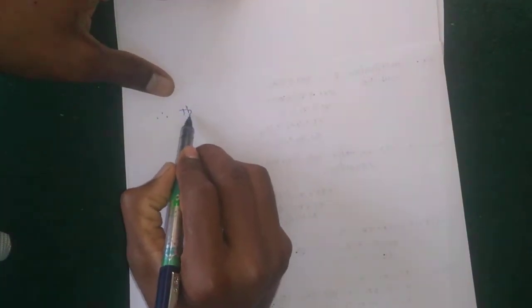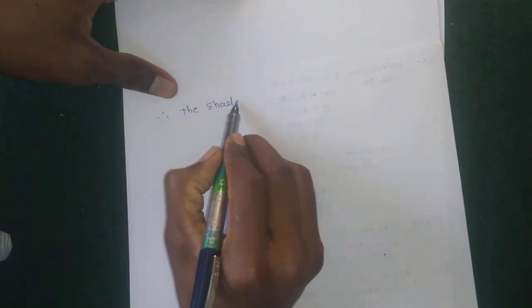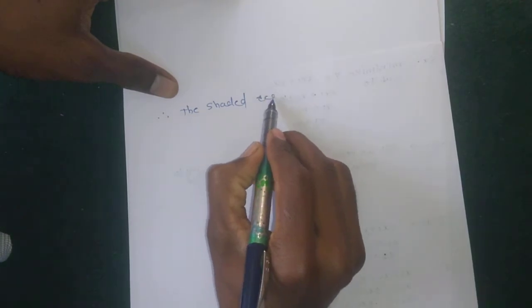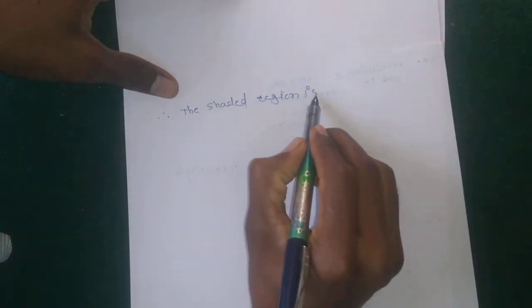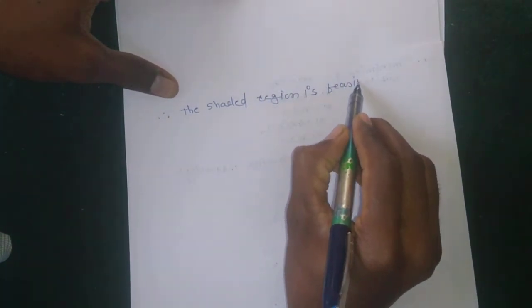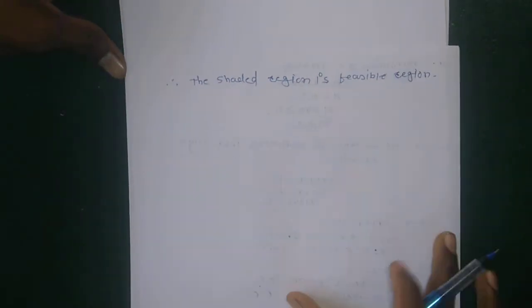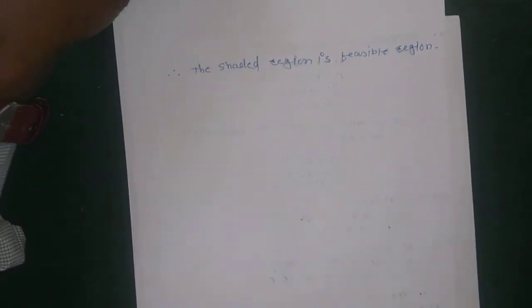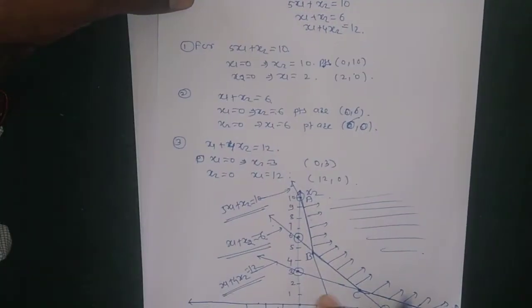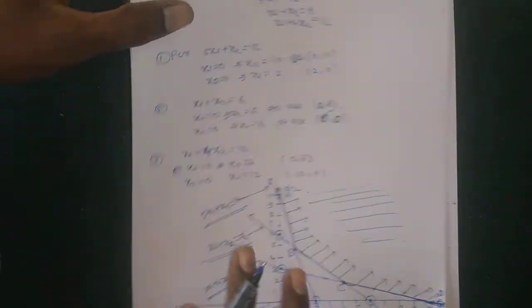Therefore the shaded region is the feasible region. And the objective function is of minimize type, therefore the minimum value is at one of the extreme points.